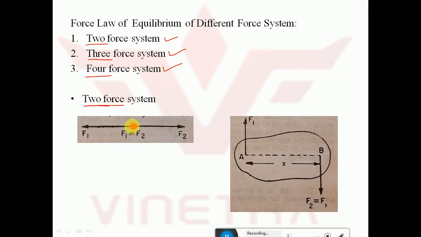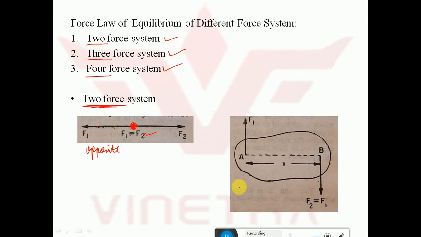That is, the magnitudes of these two forces are the same, they are collinear, and they act in opposite directions. Then only the system of two forces will be in equilibrium.